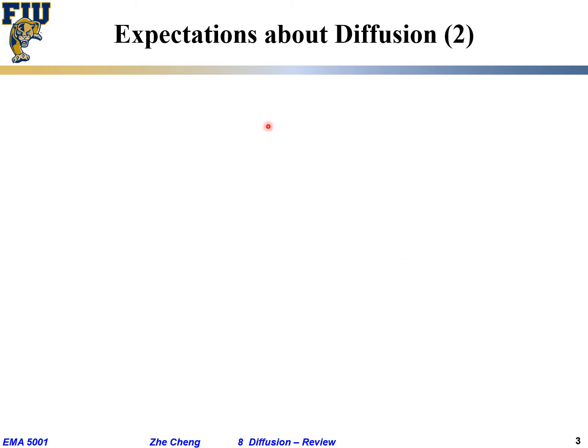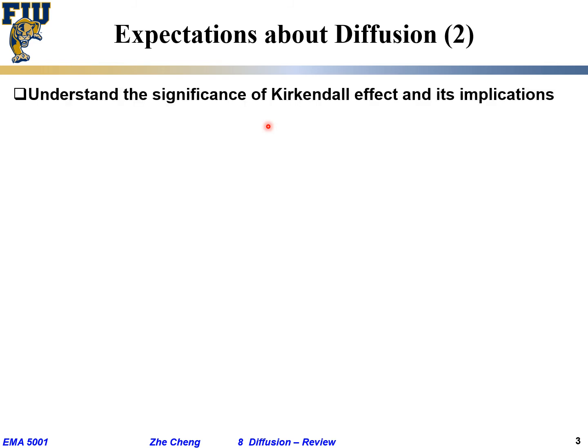Then we have additional expectation about diffusion. And I expect you to understand the significance of the Kirkendall effect. Remember we said the Kirkendall effect is, Kirkendall observed that when he put copper and brass together, and in between them he puts the molybdenum wire, a so-called inert marker. And over time, he found that the inert marker would move from the pure copper as if into the brass, indicating the interface between the brass and the pure copper moves.